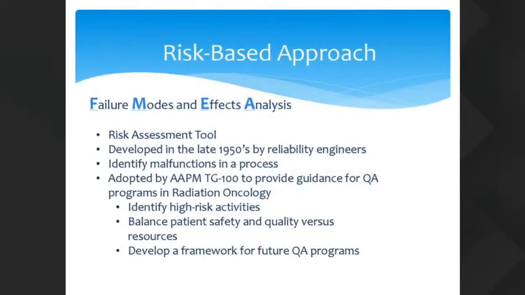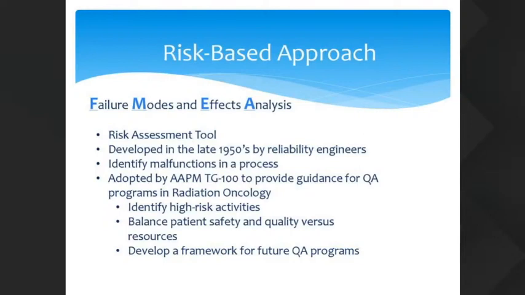I would definitely be remiss if I didn't review failure modes and effects analysis at this point. So here's the Cliff Notes version. It's a tool developed to identify malfunctions in a process. It's typically used in manufacturing, but was adopted by TG 100.